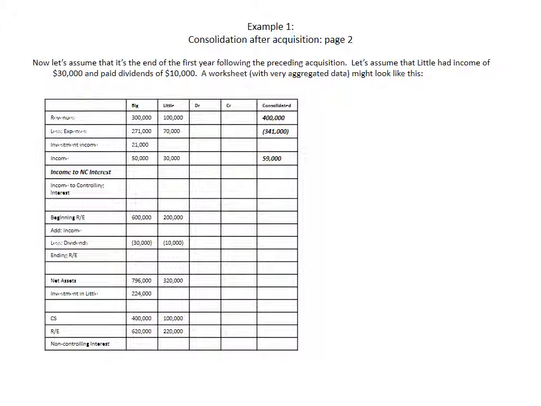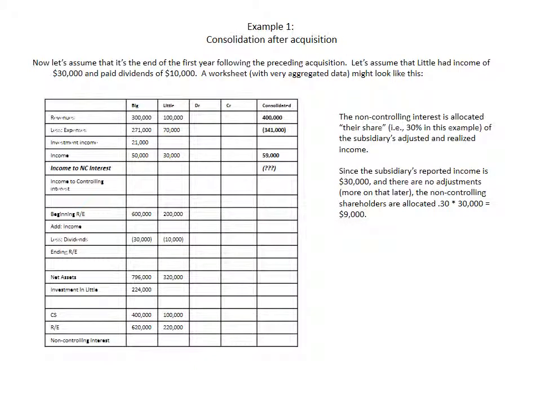We own all of our income, plus we own our proportionate share of Little Company's income. So what we need to do is create this new account called income to non-controlling interest, which basically says out of that $59,000, some portion of that is owned by these other people, the non-controlling shareholders.